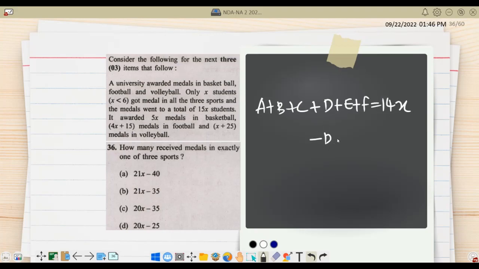We just minus D plus E plus F. This is 40 minus 7x. So this is going to be 14x minus 40 plus 7x. It's going to be 21x minus 40. Your answer is A.